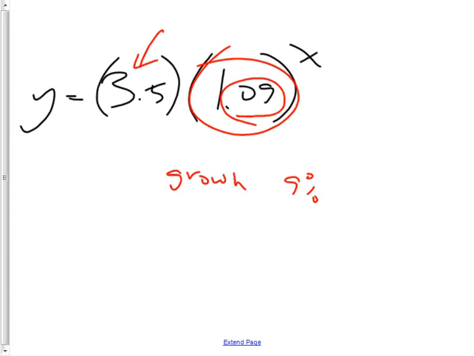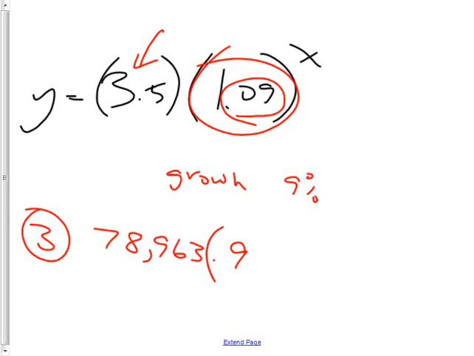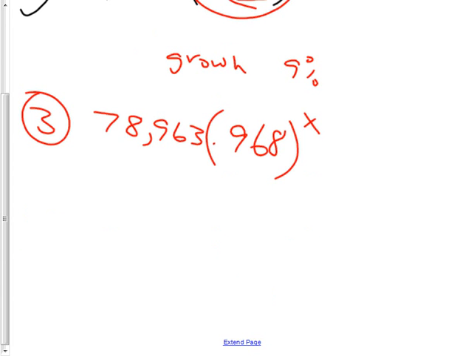Let's do one that's a little harder, though. Look at number 3 on worksheet 3.2. 78963 is my starting number, and it's being multiplied by 0.9 something, 968 to the x. Now, what's the growth rate? It's not growth, it's decay, because it's less than 1.